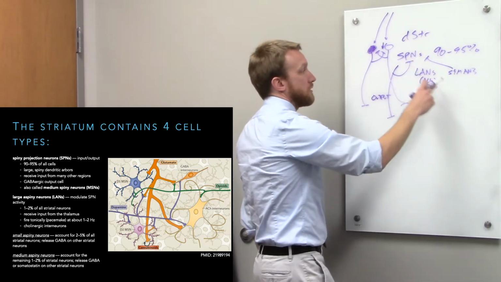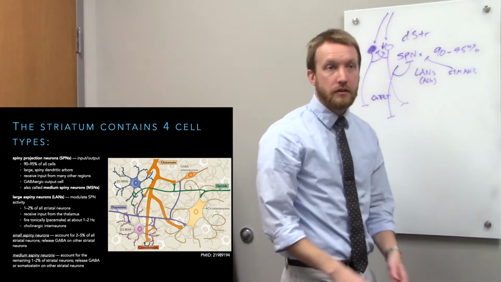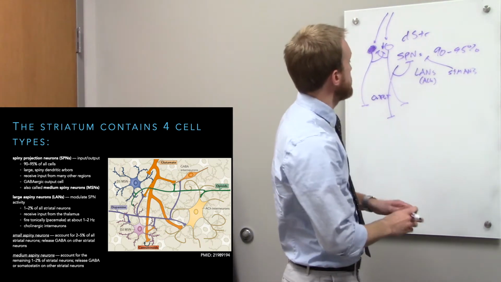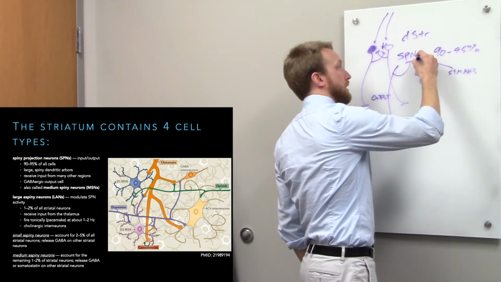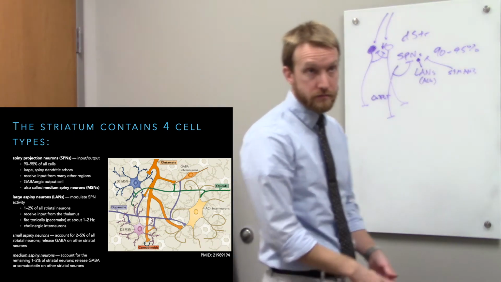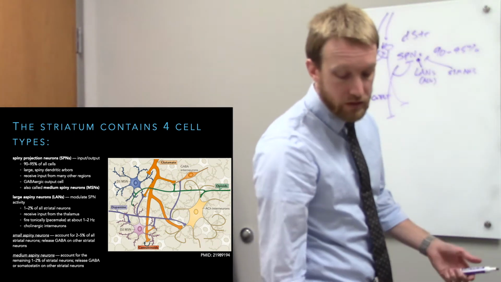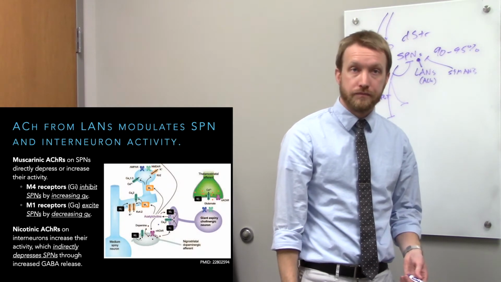Spiny projection neurons are also targeted by the small and medium aspiny neurons. And they're going to be the targets of our large aspiny neurons. Now this could be excitatory or it could be inhibitory. It depends on what kind of muscarinic acetylcholine receptor they have.